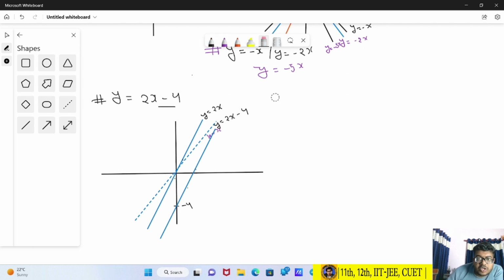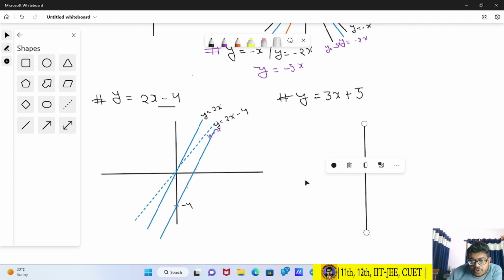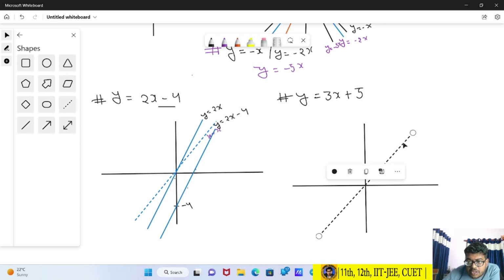Now if we draw y is equal to 3x plus 5. On the coordinate axis, this is y is equal to x, and this is 3x.